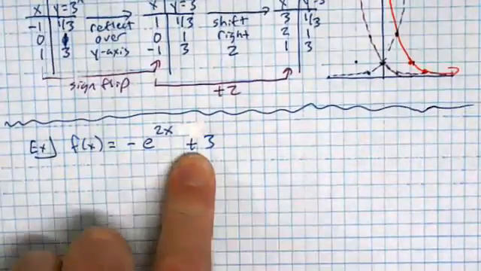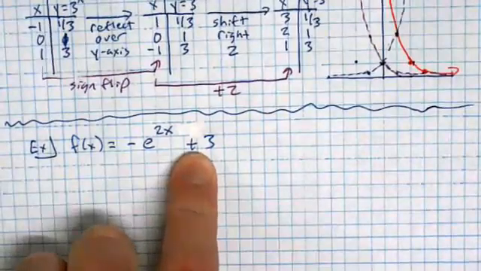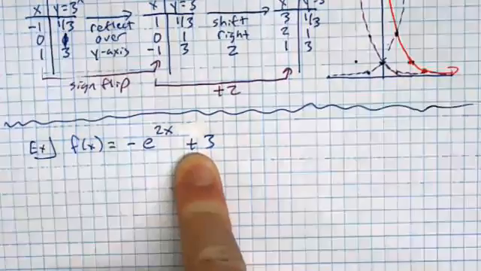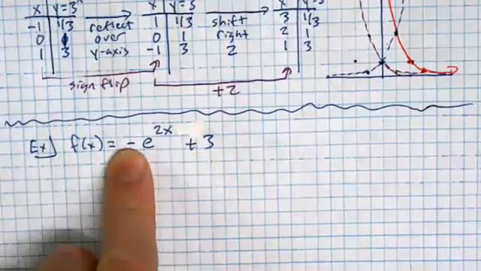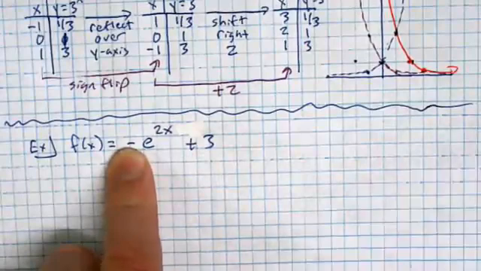All right, let's start with the +3. What's the +3 going to do? It's going to move it up because it's on the outside. We're going to do that last, okay? This is kind of in that format that we talked about a second ago, so this is going to be last. How about the negative that's happening to the whole function? This is a vertical move because it's on the outside. And if I'm moving things up and down and reflecting, I'm going to be reflecting over the x-axis.